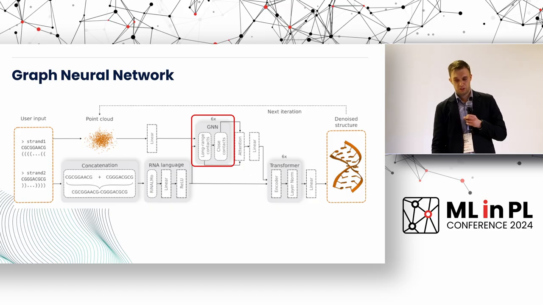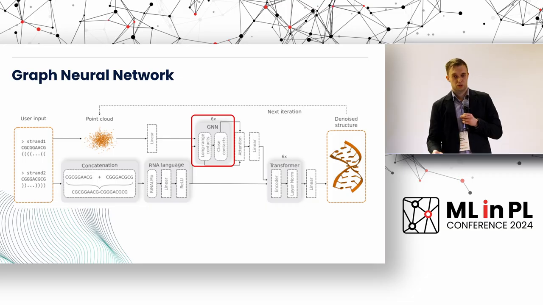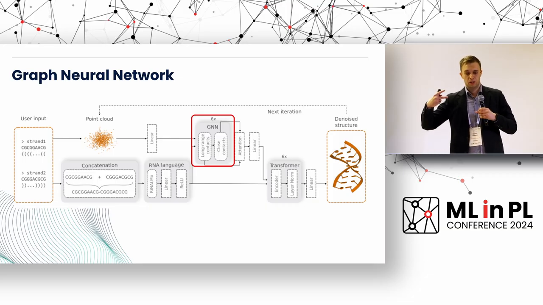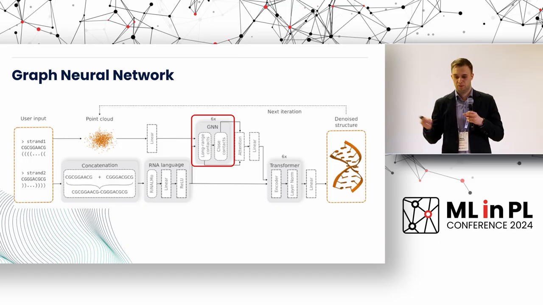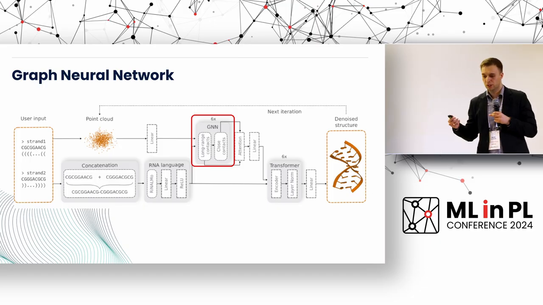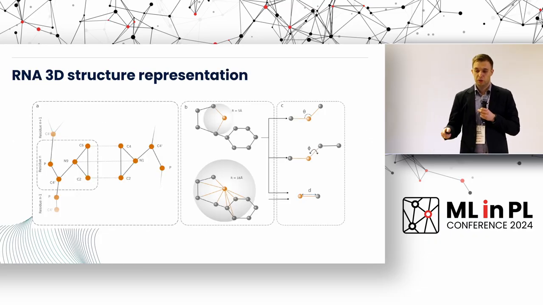Now I would like to say a few more words about our graph neural network and how it works. It consists of 2 layers. Each layer is responsible for a specific type of interaction. For example, one layer is responsible for local interactions only.